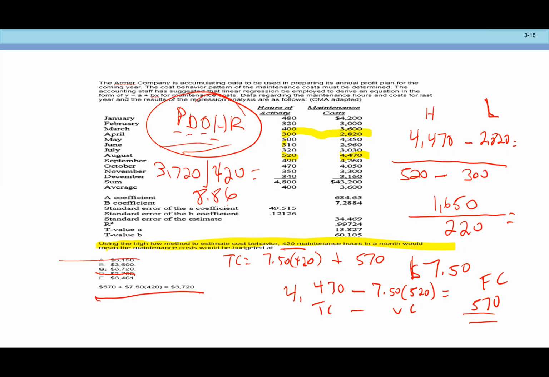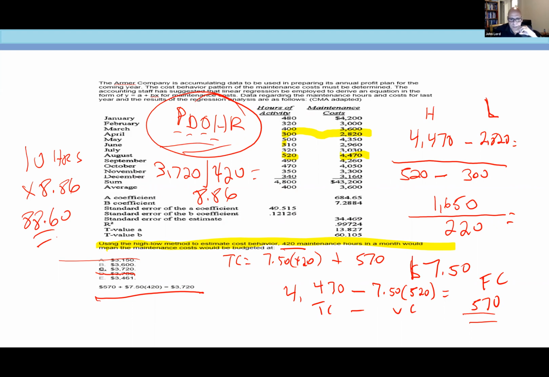Okay, good. And so let's say a job used 10 hours of activity, then it's 88.6. So what is it? 88.60 is what would get applied to that job?